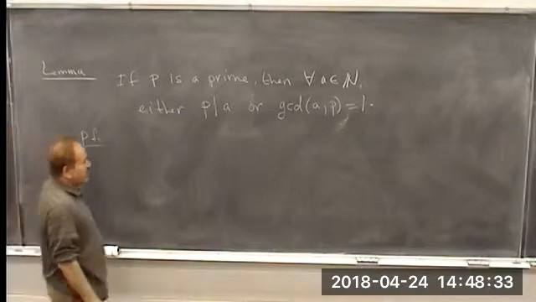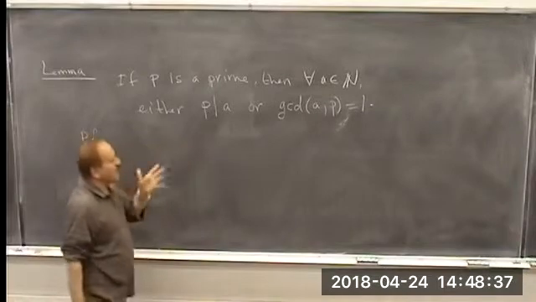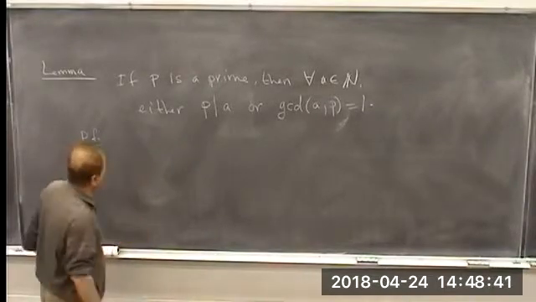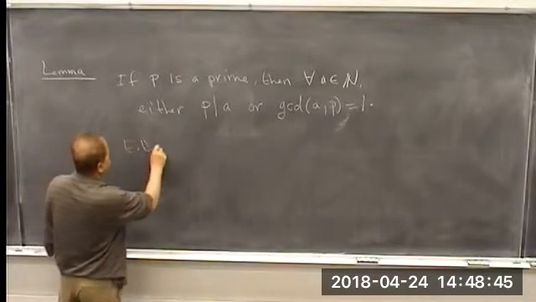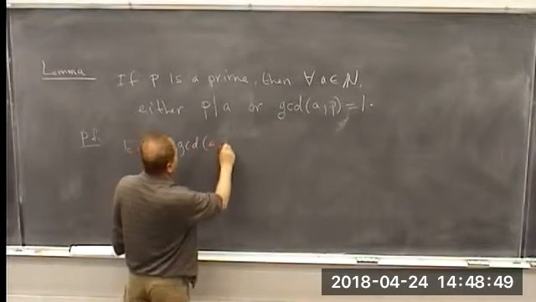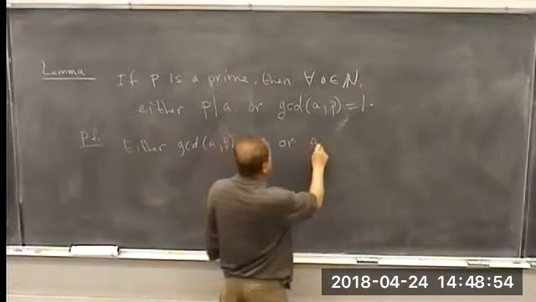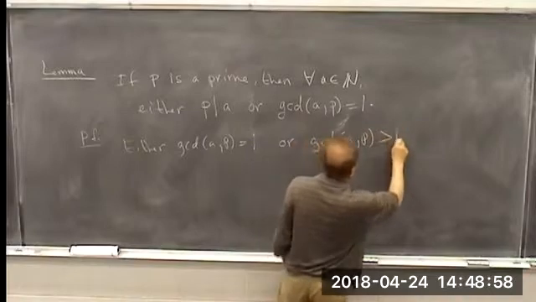We know that the greatest common divisor of any two integers is either 1 or bigger than 1. It cannot be negative, okay? So either the greatest common divisor of A and P is equal to 1, or it is bigger.